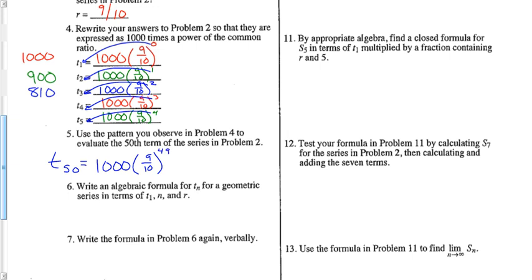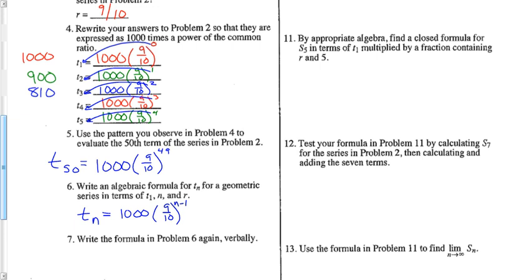So in number 6, it says, okay, great, just give me the general formula for this now. So T sub n, you tell me which term number you want. It's going to be 1,000 times 9 over 10 raised to the n minus 1. Now, they also said we don't really want those numbers in there. This is for the one we just worked on.